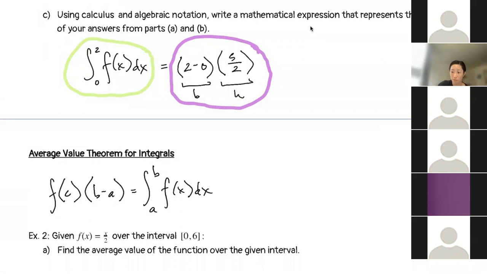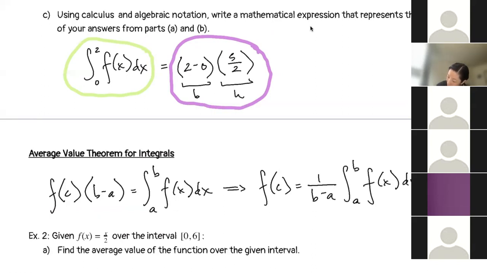Now, this is one version of the formula, but more typically, we see it like this. f of c equals 1 over b minus a, the integral from a to b of f of x dx. How did I get from that one version on the left to the version on the right?